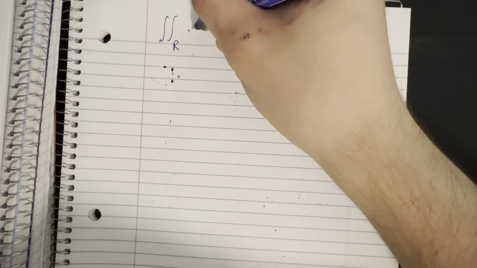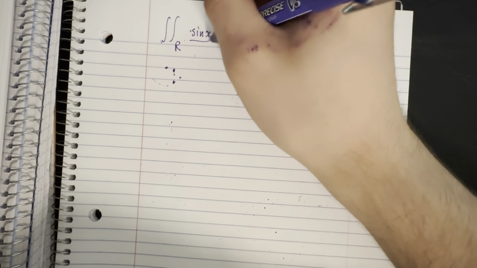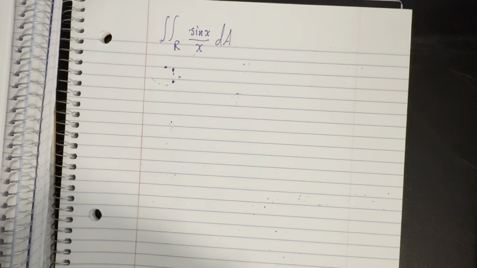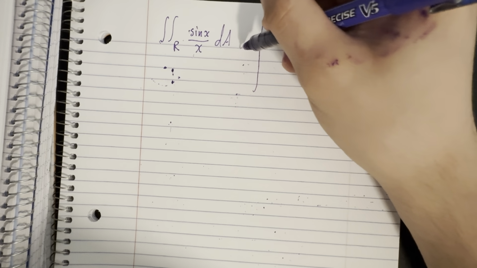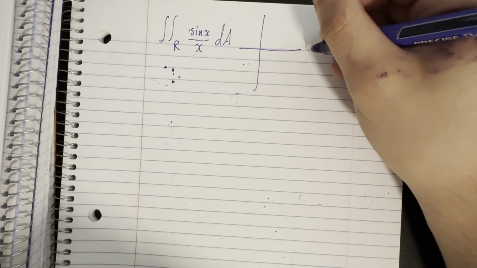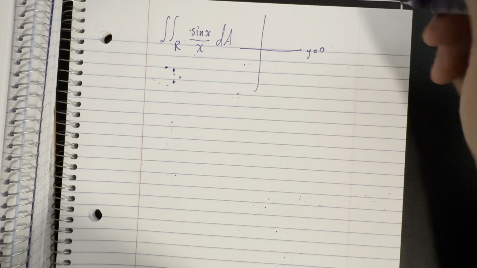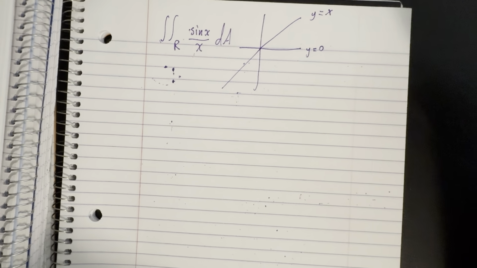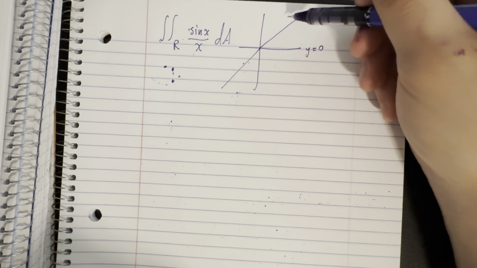Double integrals, this one. All right, so it wants you to integrate sine of x over x dA, where R is the region in the xy plane bounded by the x-axis, so that's just y equals 0, the line y equals x, and the line x equals 1, right here.